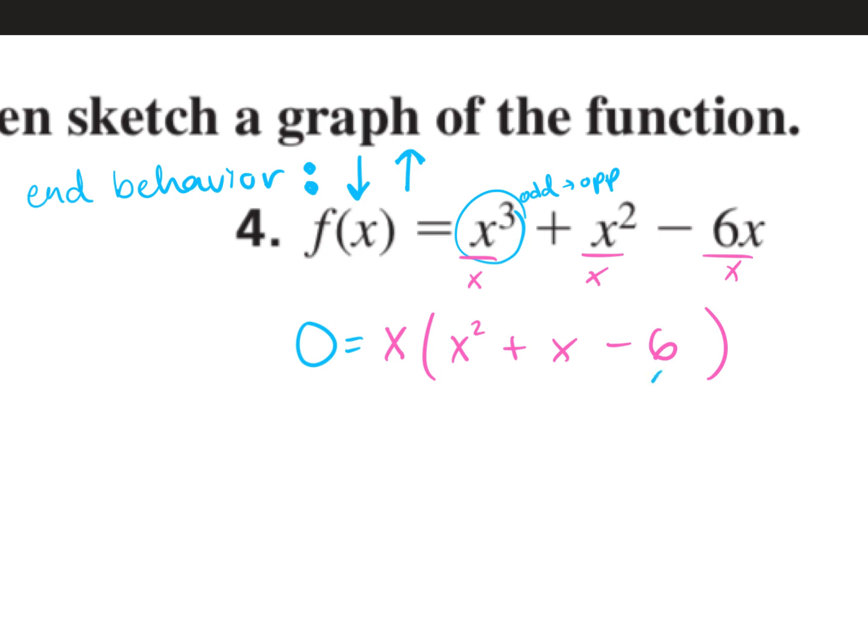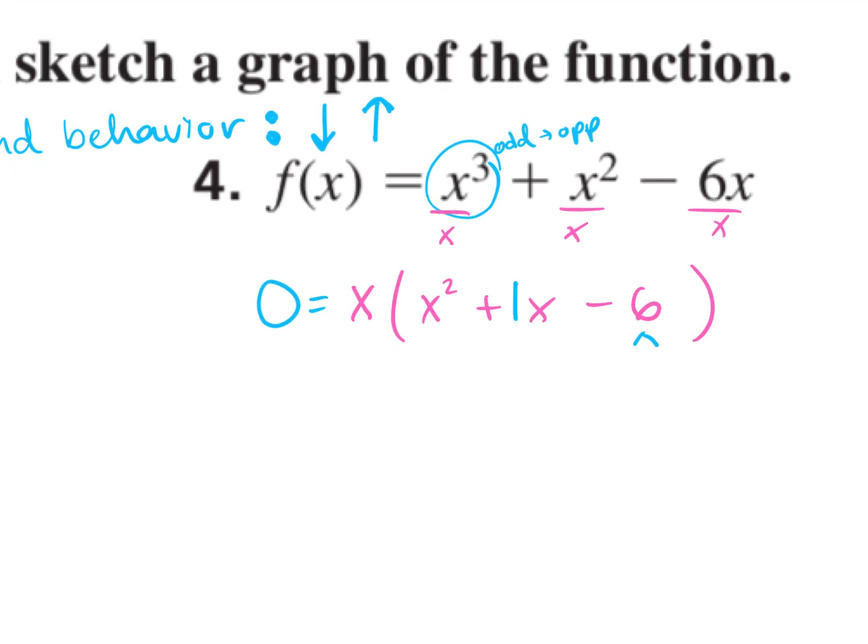Now let's see. Do I have two factors of -6 that add to 1? 3 and -2. Perfect. So in my parentheses, I have x plus 3 and x minus 2. And then I can't forget about the GCF that I took out. And it is still equal to 0.